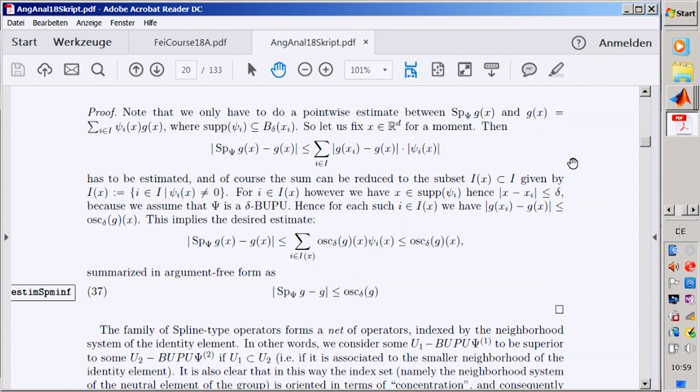No. You're working within the support of this here. So if you're working within the support of psi i, so wherever this is non-zero, this x has to be very close to the x_i. So at each center, you are only using values which are within reach of this size.